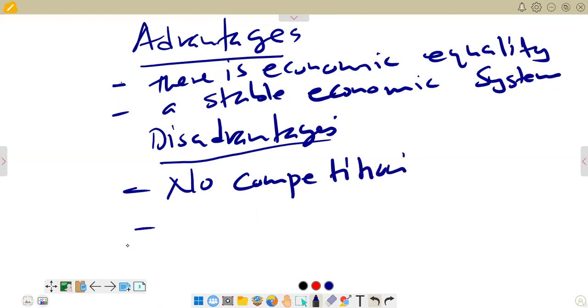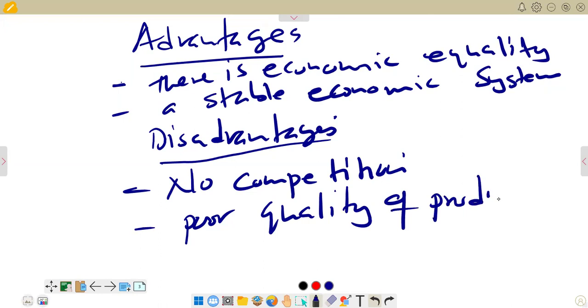We can also deduce another point by saying when there is no competition, it is going to lead to a poor quality of products, since we have a few firms that are operating. So a poor quality of products can also be a result of planned economy. These are the disadvantages that we can deduce from planned economy.